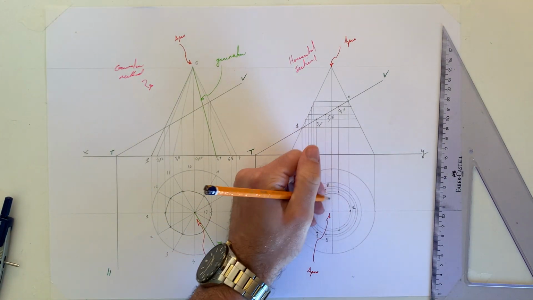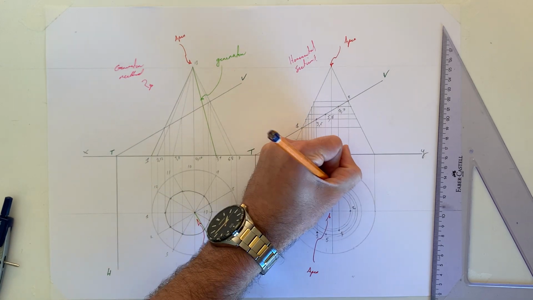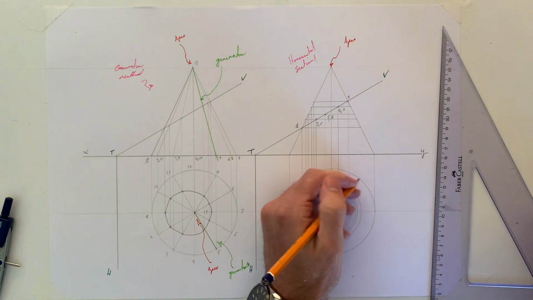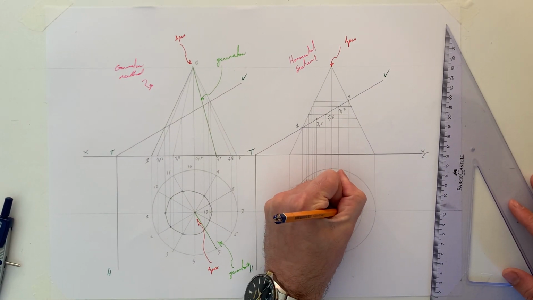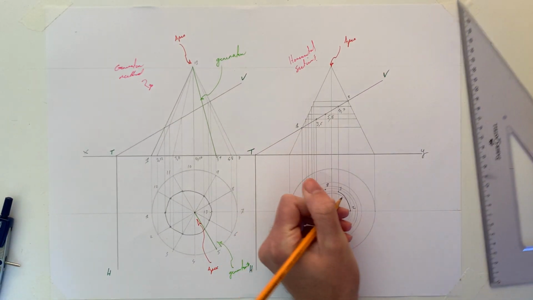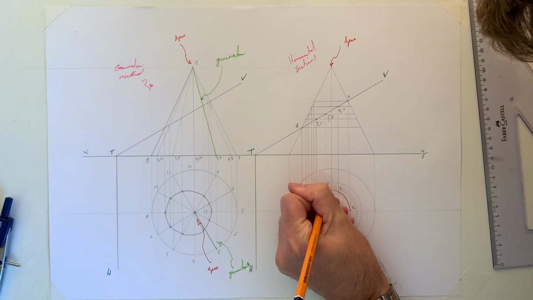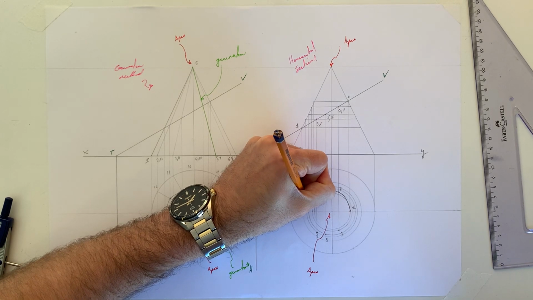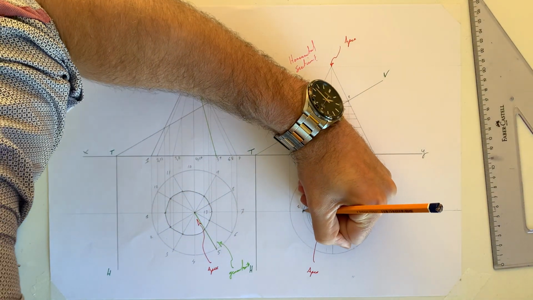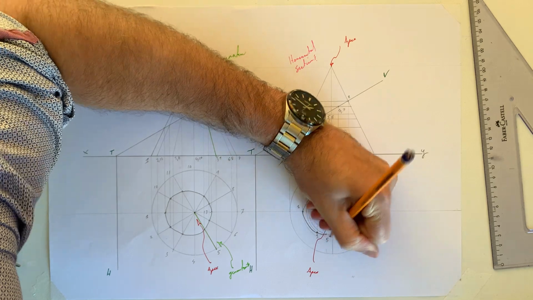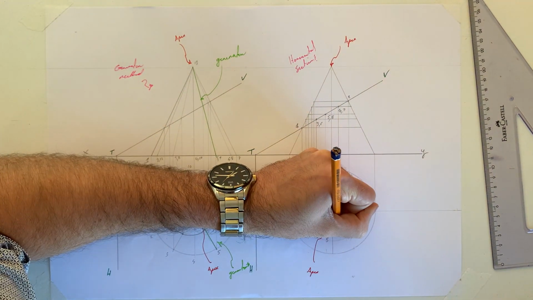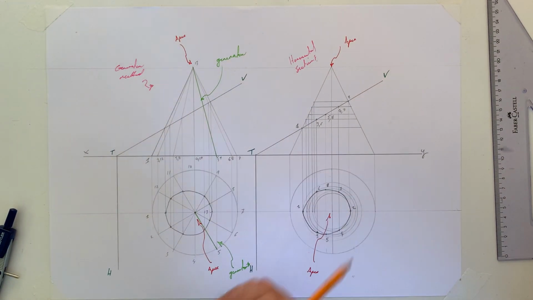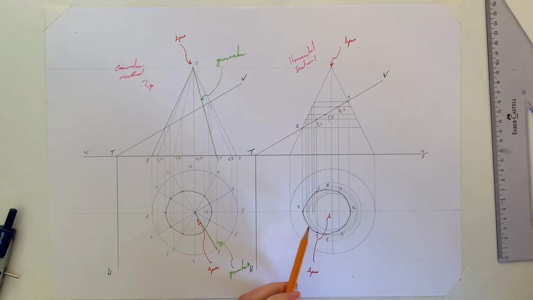So now we have 4 and 7. So what we can do is join in all our different points. Again, our freehand curve. There you go. So you have your 2 different methods to find the cut section.